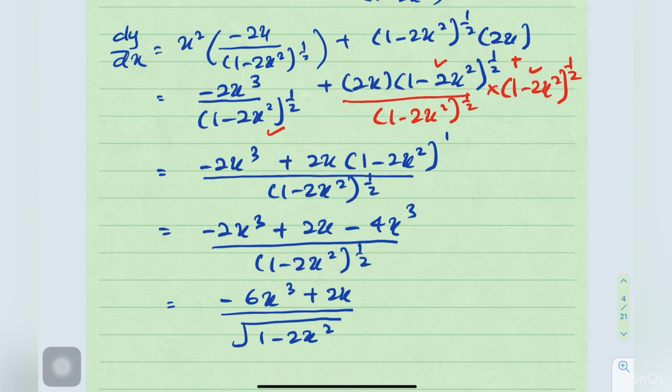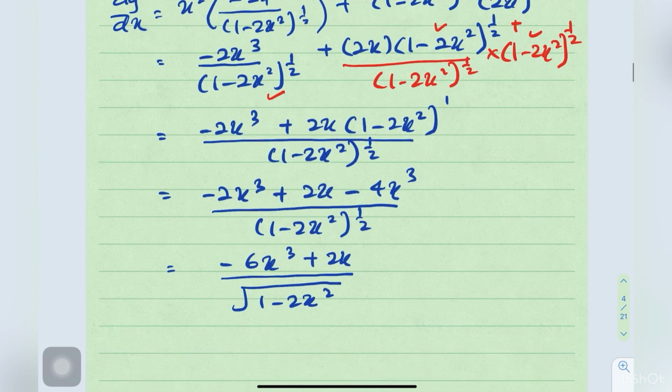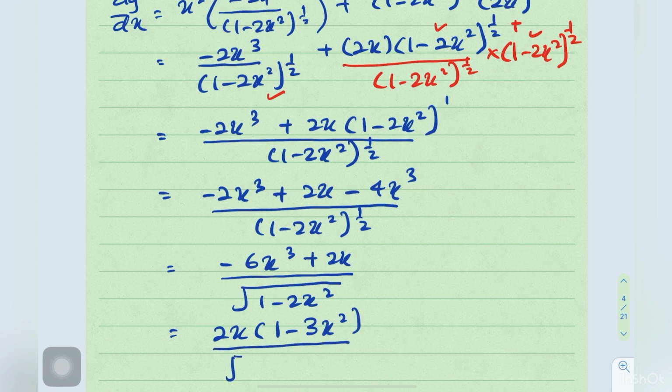So this one we can factorize. Move out 2x, we get 2x(1 minus 3x squared) over the square root of (1 minus 2x squared).